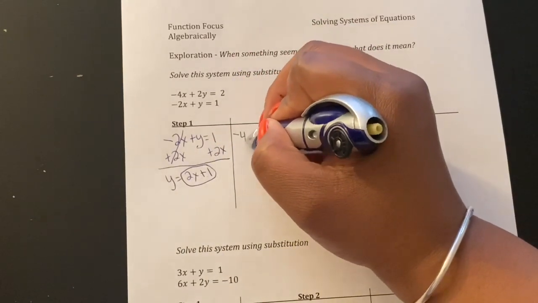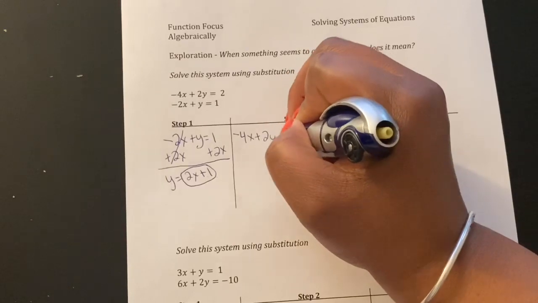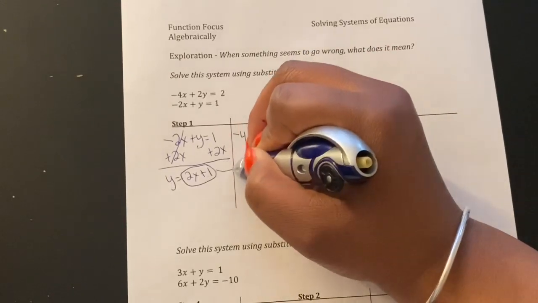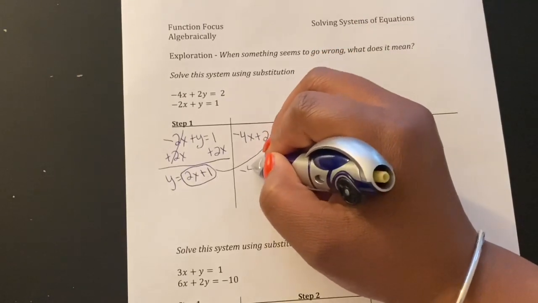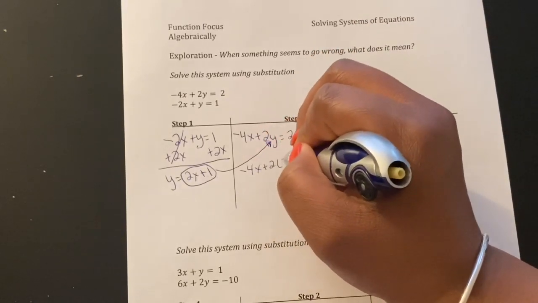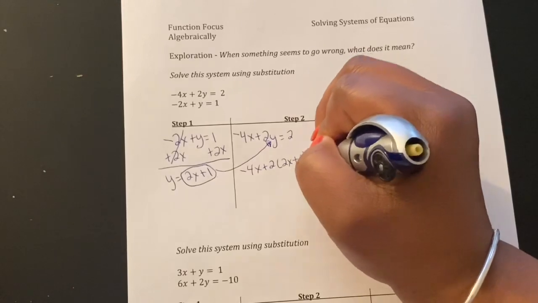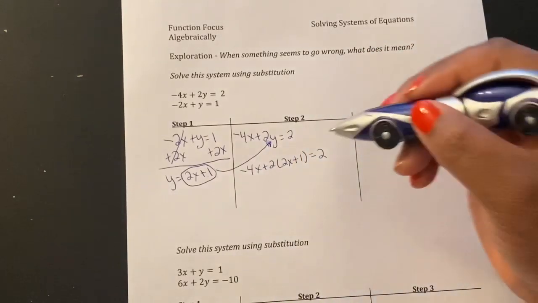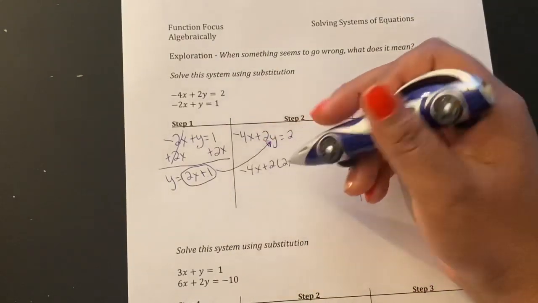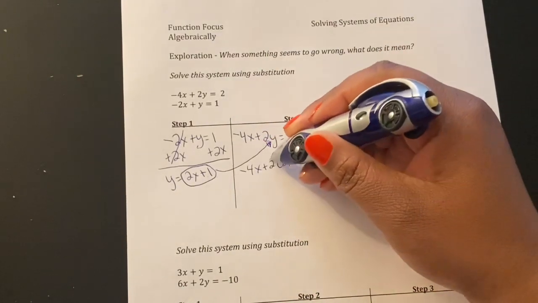So negative 4x plus 2y equals 2. This y is now going to become 2x plus 1. Negative 4x plus 2 times 2x plus 1 is equal to 2. Okay. All I did was plug it in. I rewrote it. Now I'm going to distribute my 2.